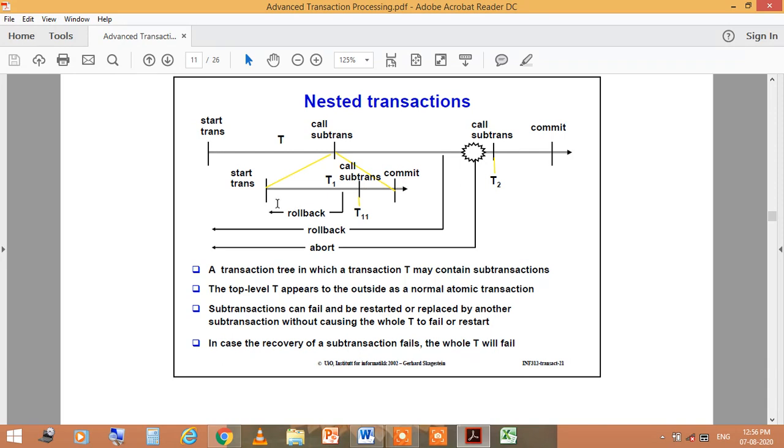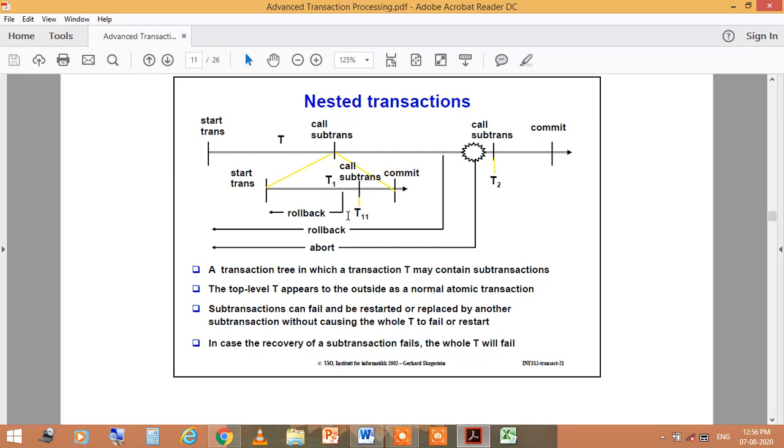Okay, so in between there is a transformation, means there is a transaction T and there is a transaction of T1, because there is a sub transaction, right? So there is a call sub transaction T1 and this process is the rollback, because they somehow not completed.